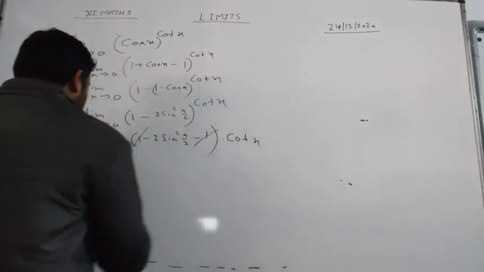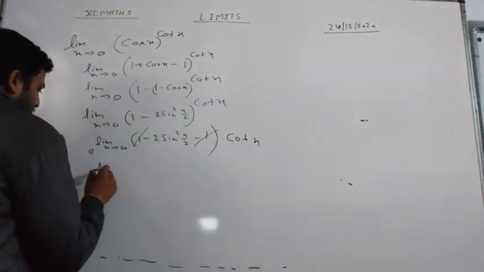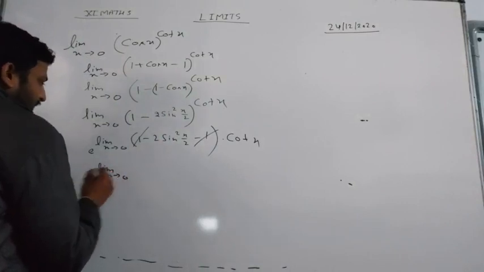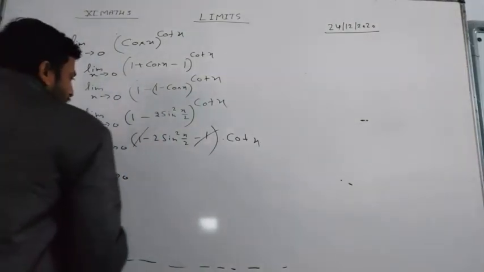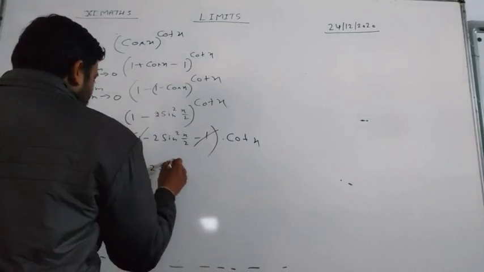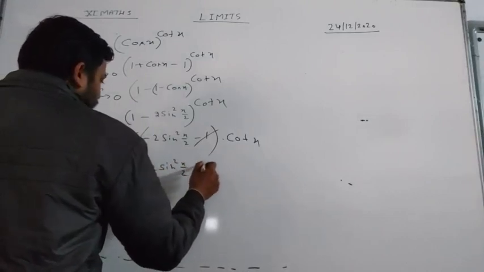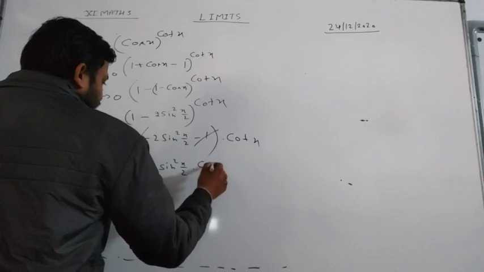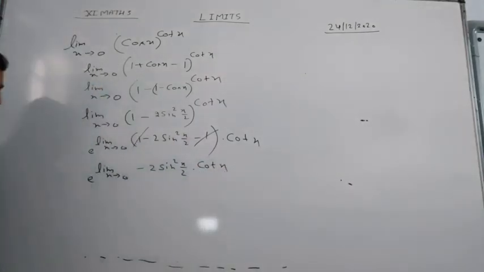So this part will be cancelled and we write limit x tends to 0, minus 2 sin square x by 2 into cot x. Okay, student.